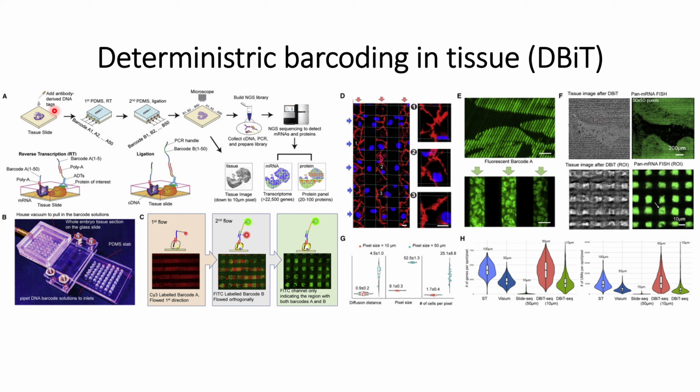First, they take a glass slide with a tissue slice, and then add antibody derived DNA tags. In this first step, they have used barcode labels, oligo DNA tags that can identify the mRNA present within the tissue.